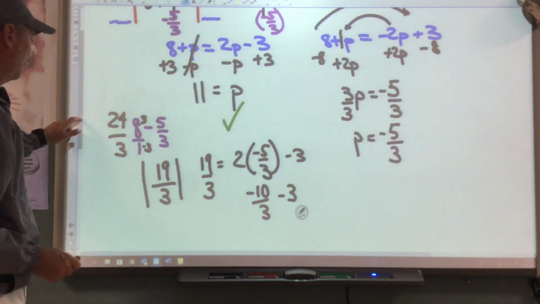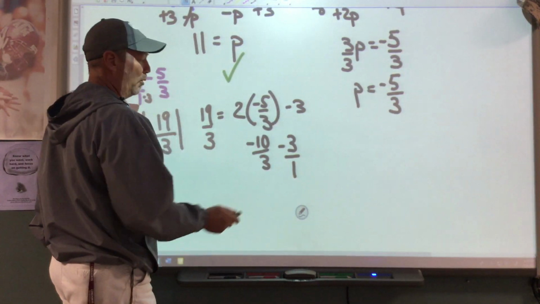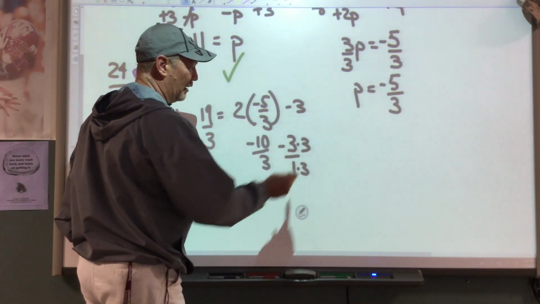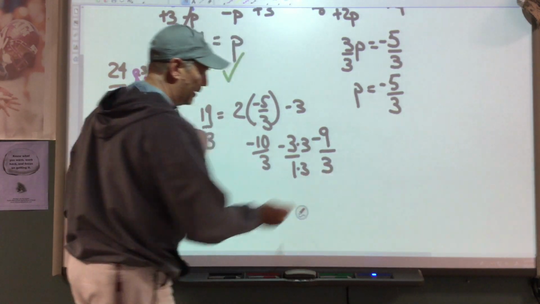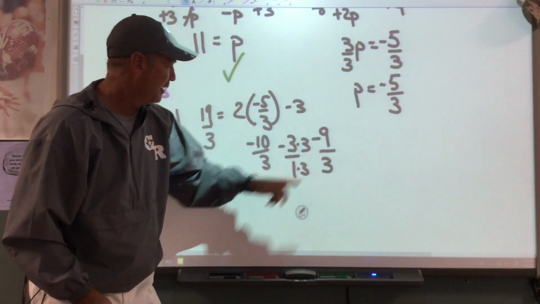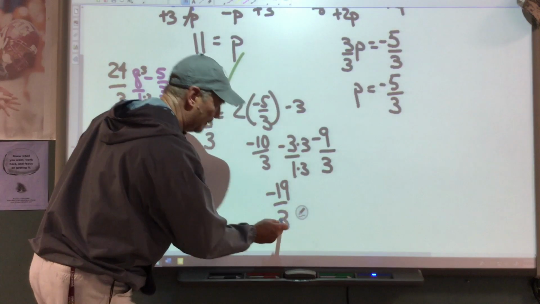Let me move this up a little bit. I need to get a common denominator. I'm going to multiply times 3, times 3. That's going to give me negative 9 over 3. A negative 10 and a negative 9 is going to give me a negative 19 over 3.